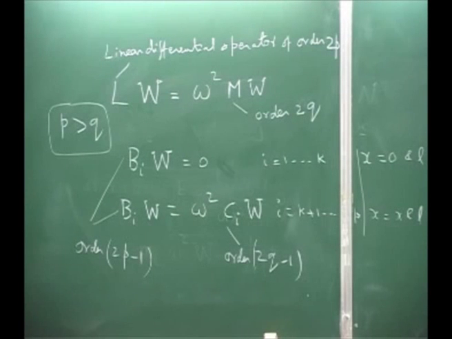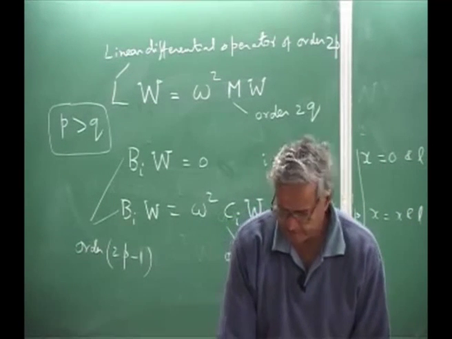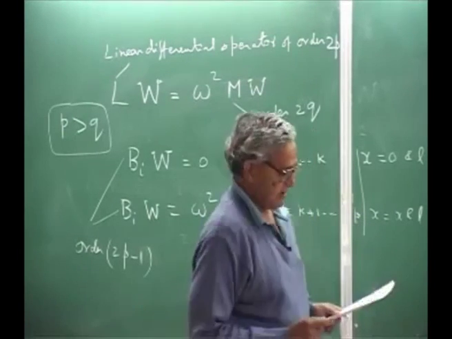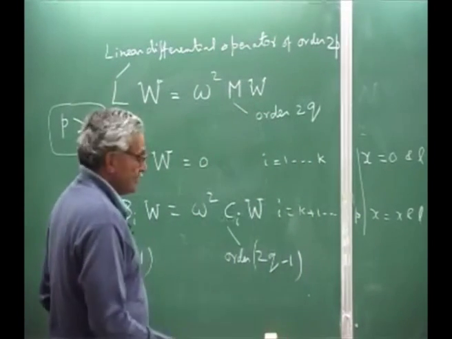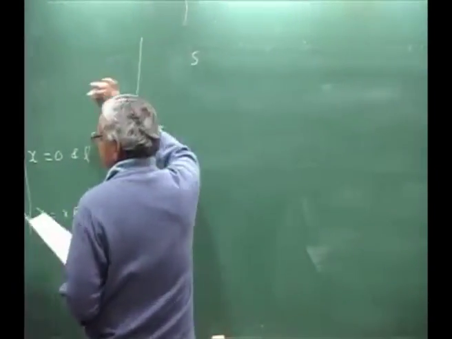Now, let us take what we call a self-adjoint system, and it is conservative.